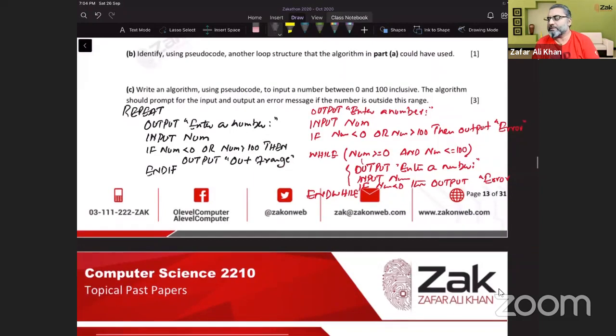That's about it. Now you see, if you compare this code with the previous code in while, this is shorter code.